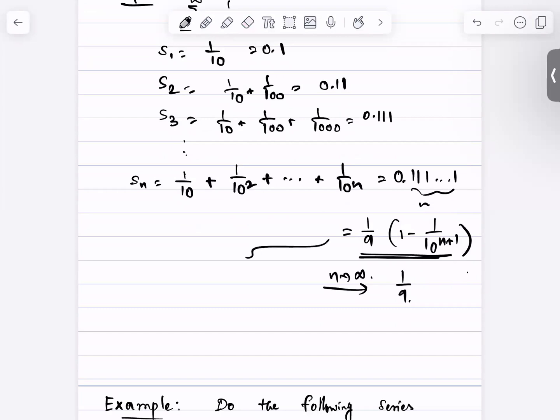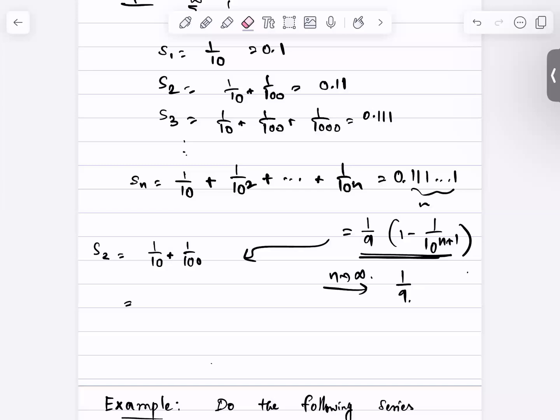identity? Because see, if I calculate, then my S2 is just 1 over 10 plus 1 over 100. Okay. Now what I can do is, this is coming from the geometric series, I guess, but you can just verify this.